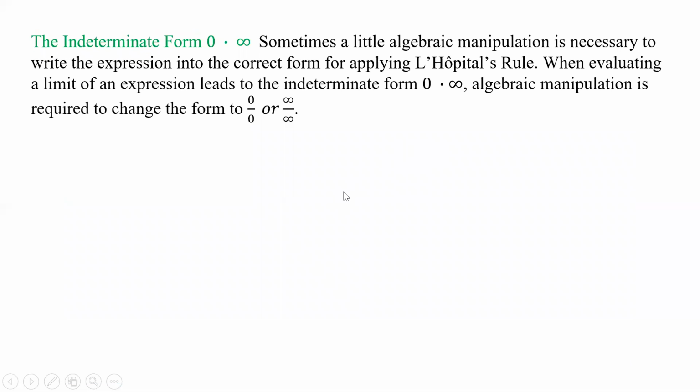The key is manipulating the numerators and denominators so we don't have 0 times infinity. If we get it to 0 over 0 or infinity over infinity, that's fine, because then we just apply L'Hopital's rule directly and we're done there, and we can find the limit.